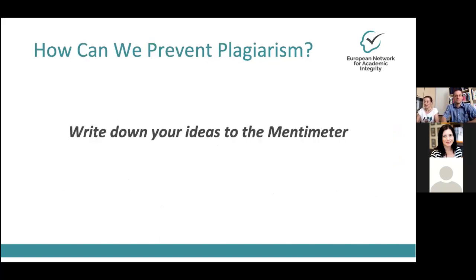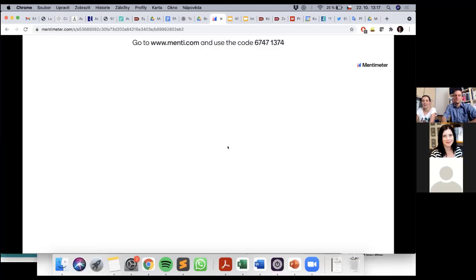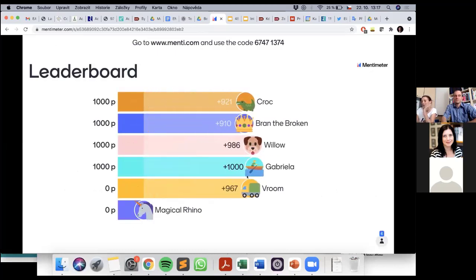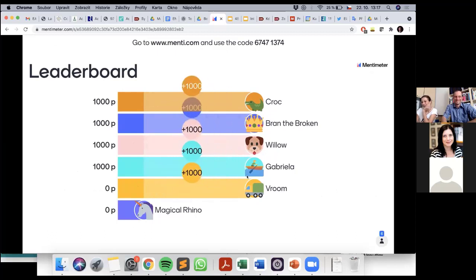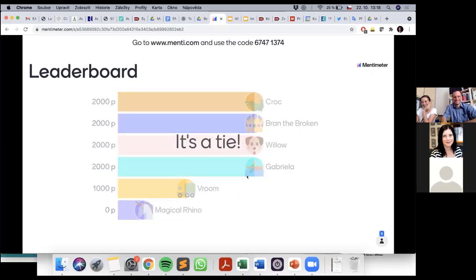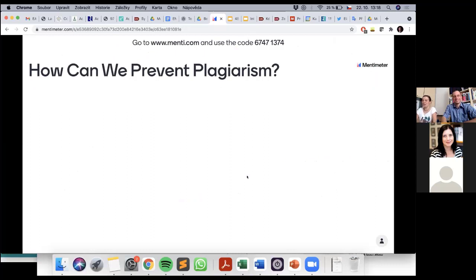So we will go back to the Mentimeter for the last time today. And the last question is, what do you think can prevent plagiarism? Oh, we have here the leaderboard, so you can see who the winners are. Okay, how can we prevent plagiarism?